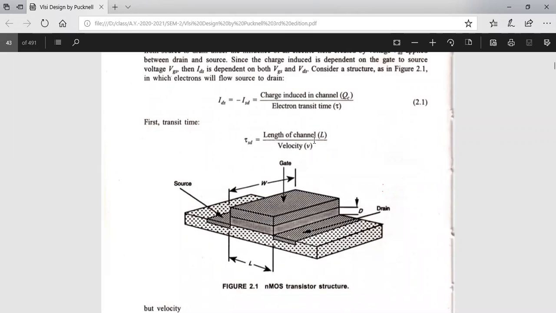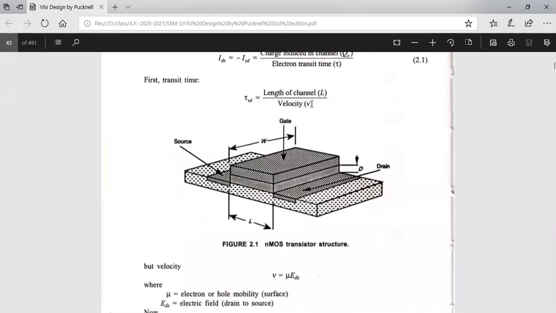So I am getting some parameters. I have to substitute that for my IDS value. So you can see here, the velocity v.